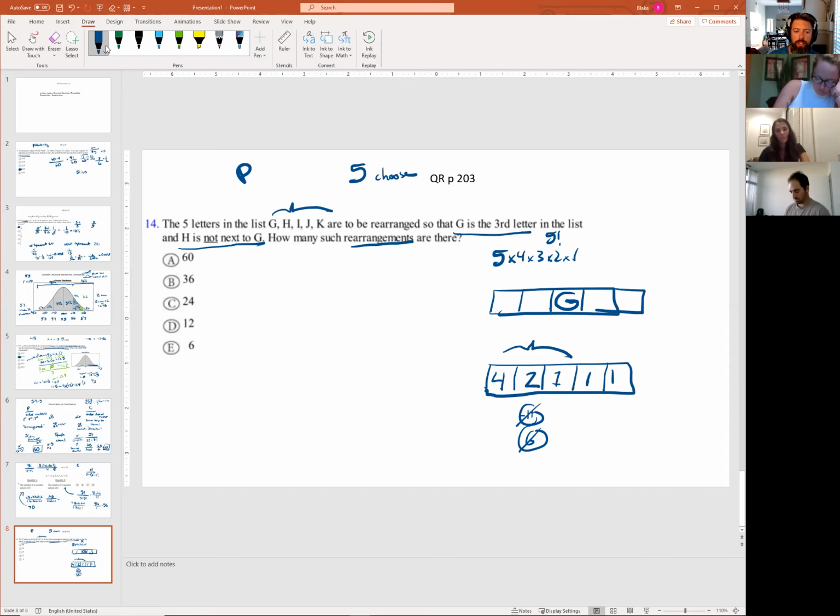So one of our situations, we have 8 possibilities here. And I think an easier way to explain this is we'll do G in the middle.